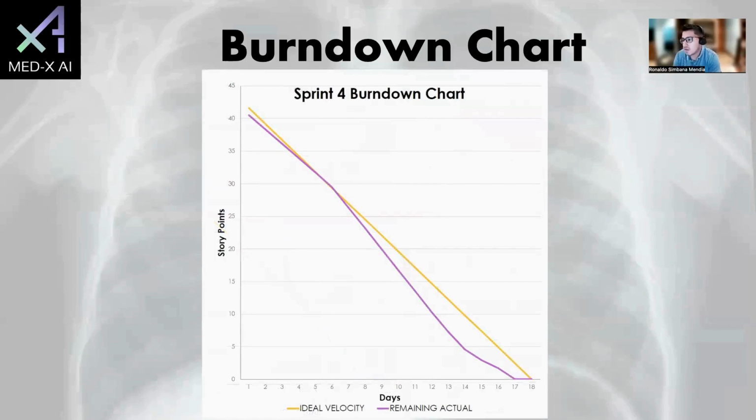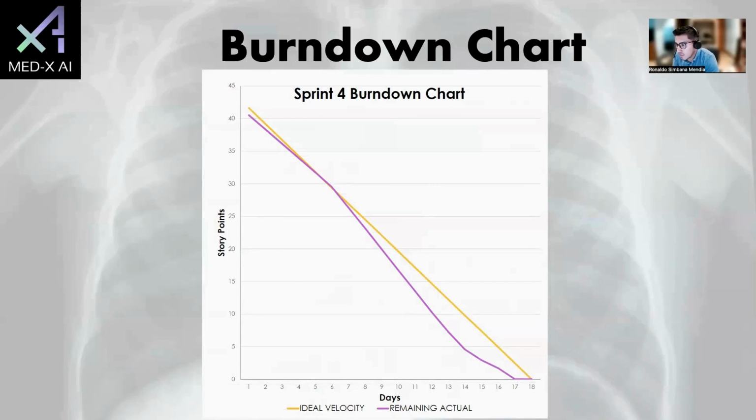Okay, so the burn down chart for sprint 4. So we pretty much were ahead almost all of the time. As you can see, since day 1 we were ahead, meaning that we have already finished what we promised. So that's pretty great.